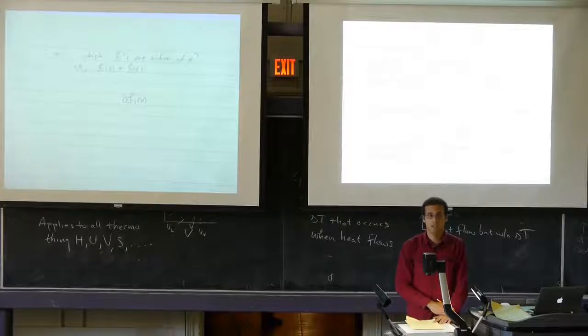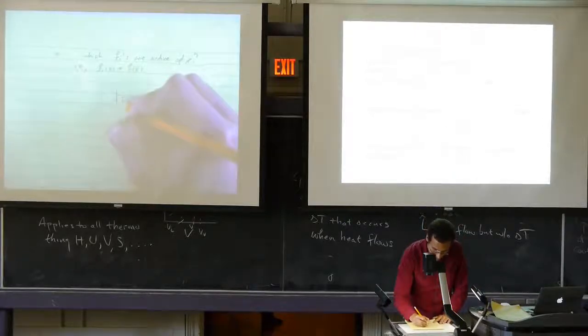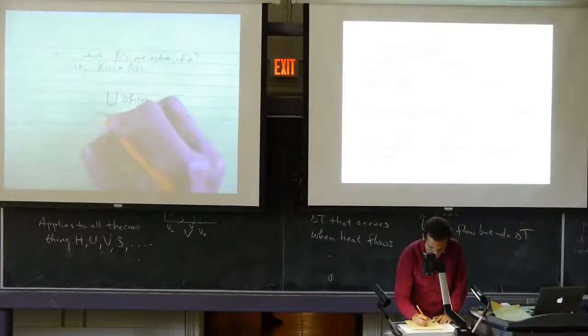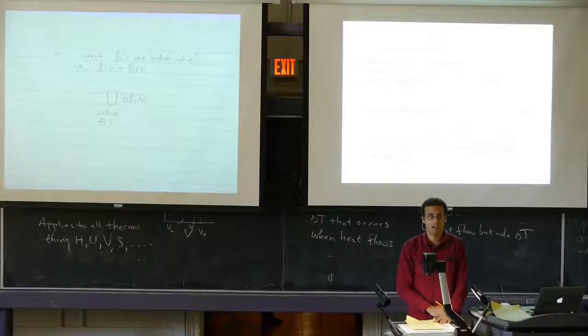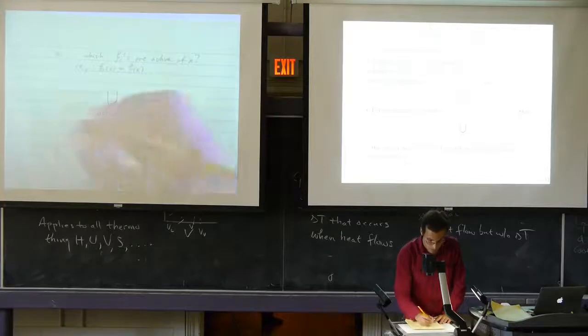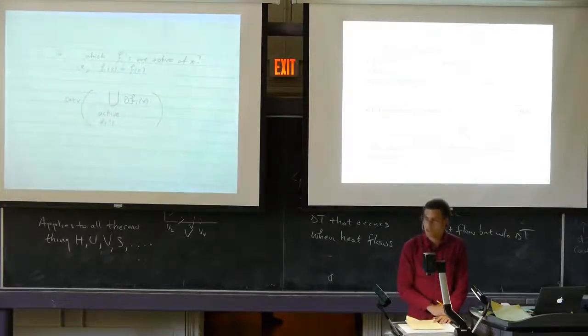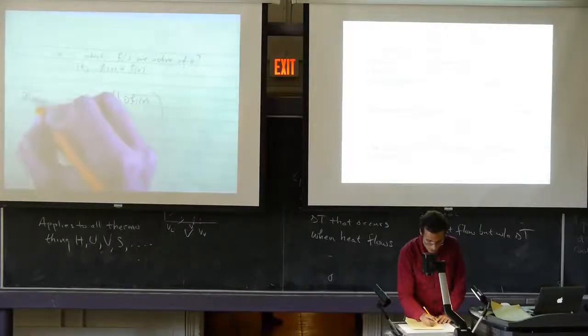Each one of those is a set, and I take a union over all active fi's. Those are all subgradients. But we talked about last time that subgradients form a closed convex set. So not only are these subgradients, but the convex hull of all these points gives the subgradients of f at x.